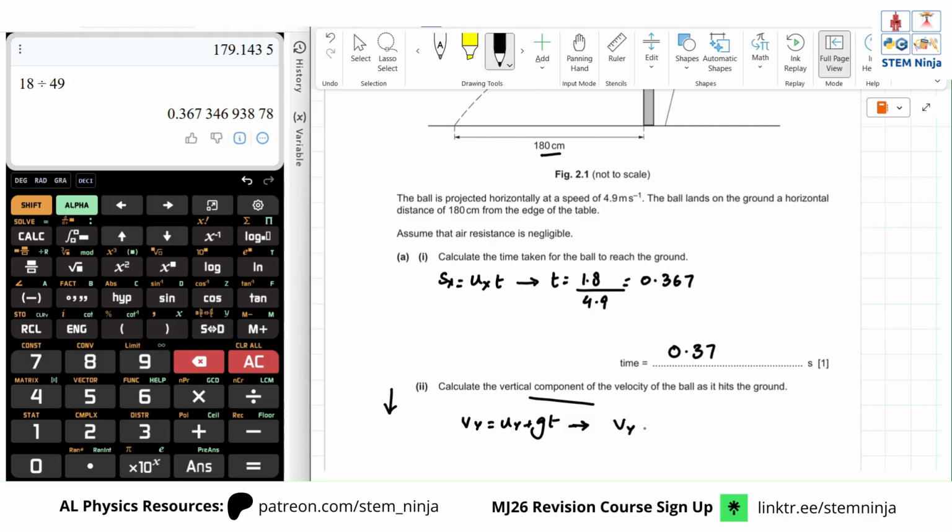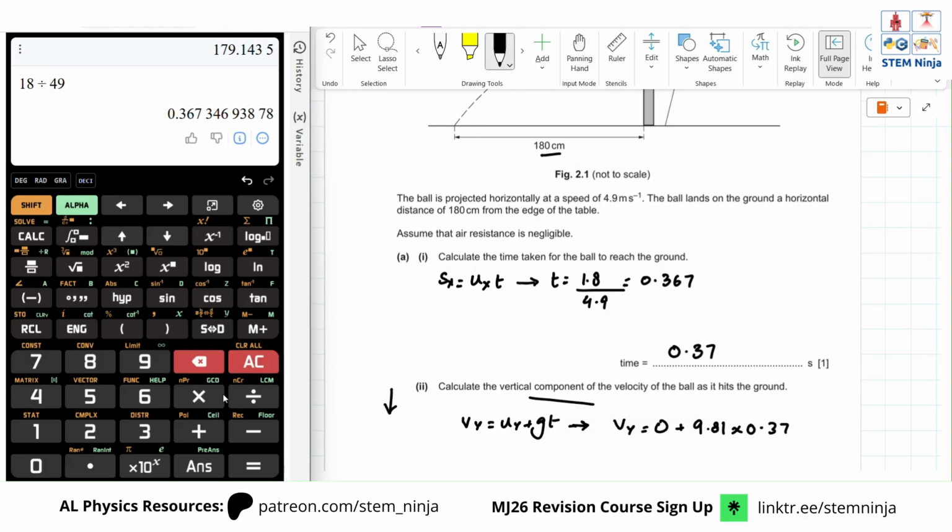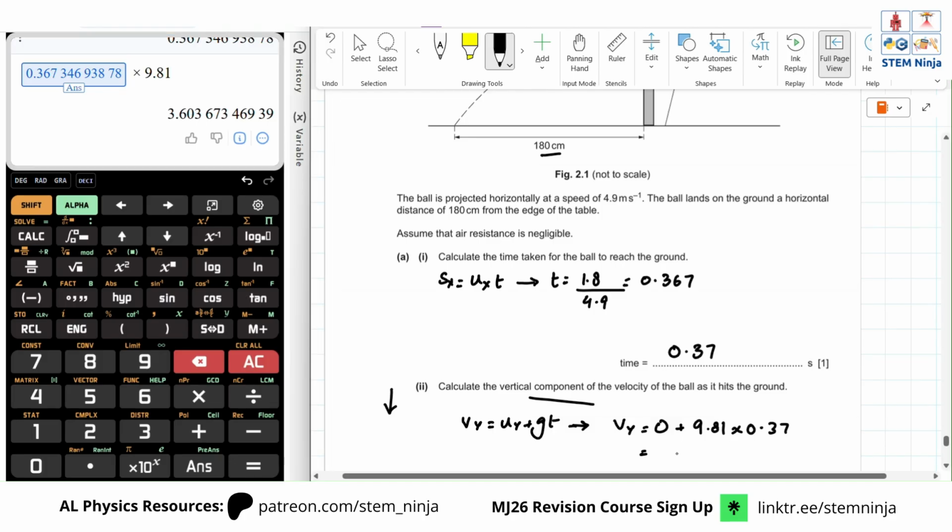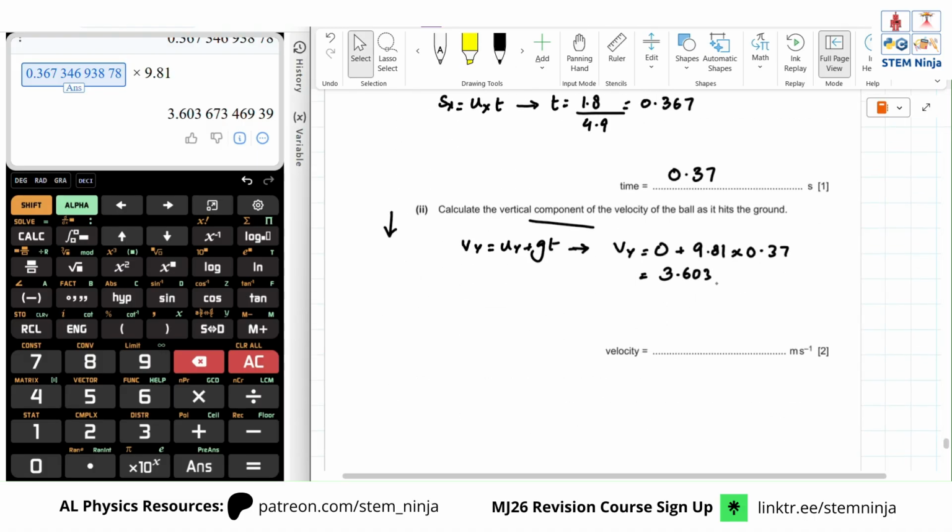So Vy would be uy, which is 0, plus 9.81 times 0.37. So times 9.81, we get 3.603. So 3.6.